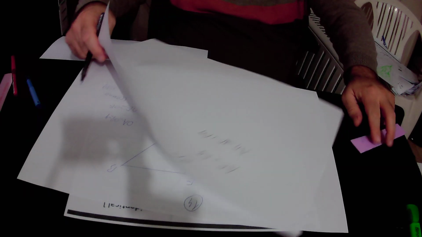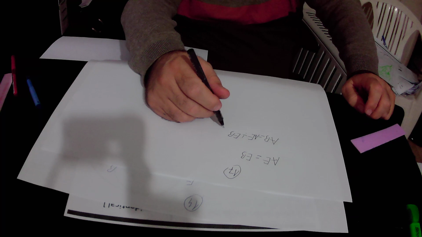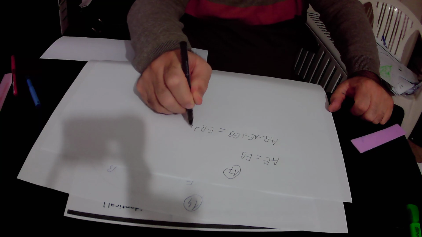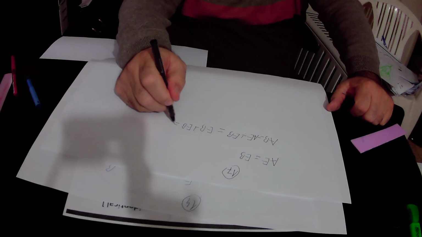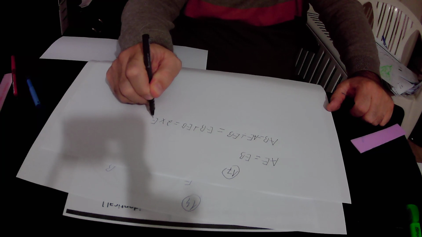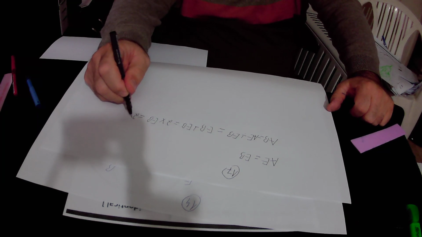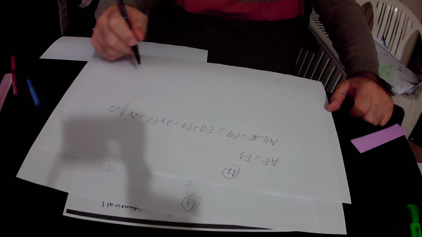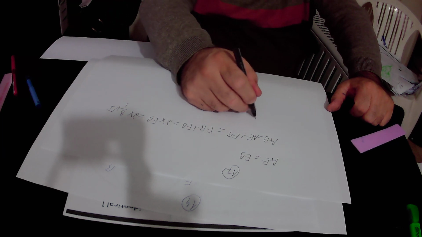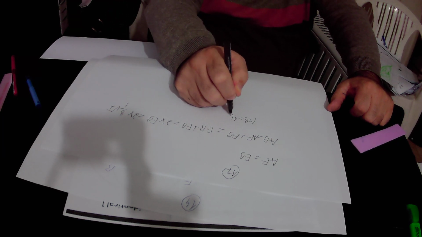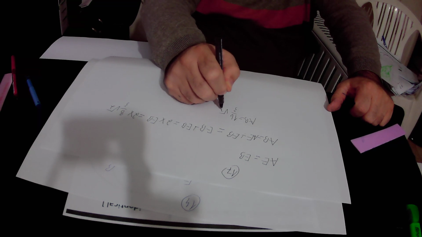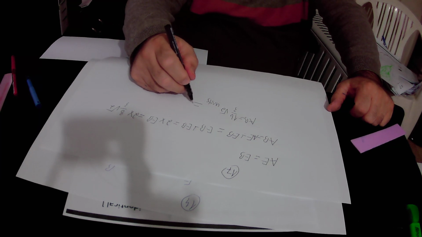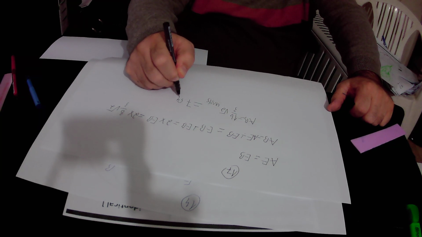So AB equals EB plus EB, which equals 2 times EB, and we have already found out that EB equals 8 over 3 times square root of 2 units. So 2 times 8 is 16, so AB equals 16 over 3 times square root of 2 units, and in terms of numbers, AB equals 7.54 units.